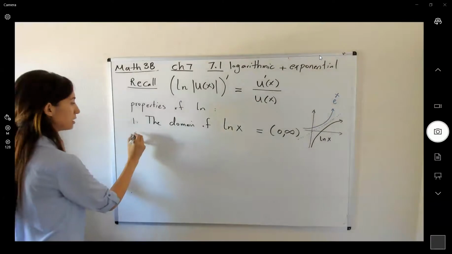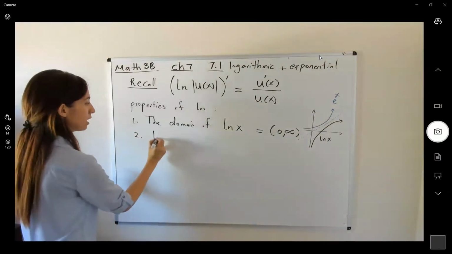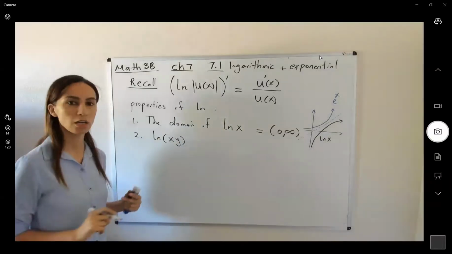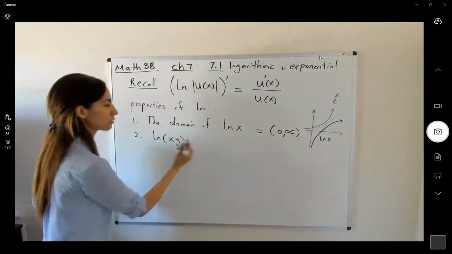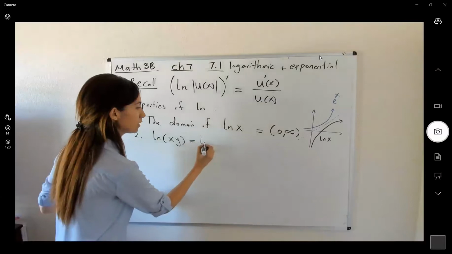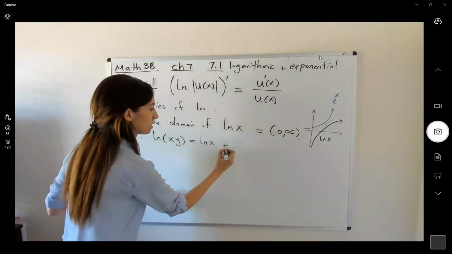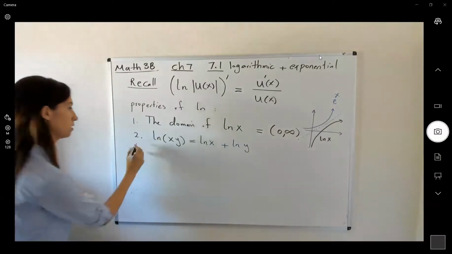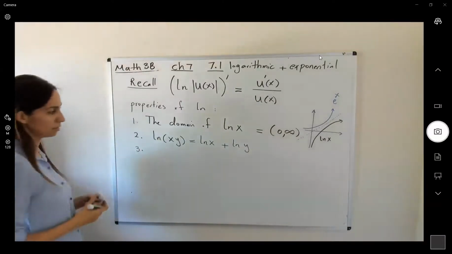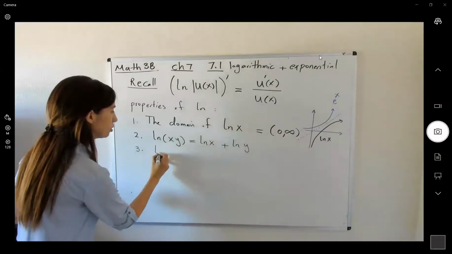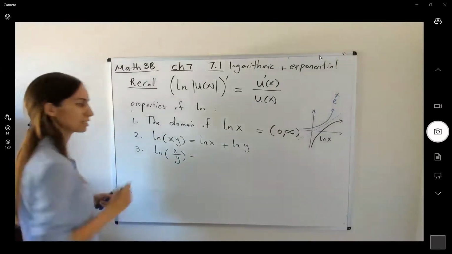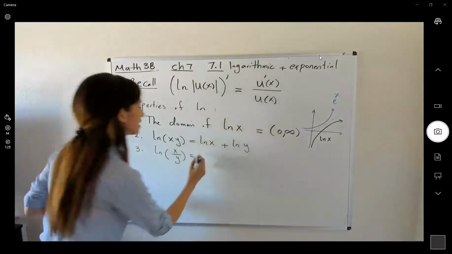The second property: when you have ln of the product of two variables, you can write this as the sum of ln of x and ln of y. When you have division, x over y, it is actually the difference between their ln's.